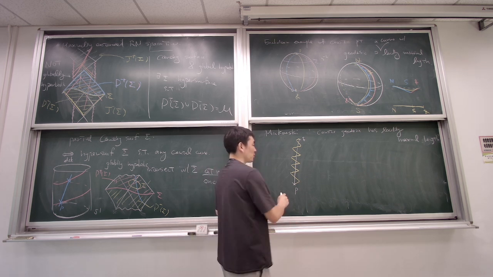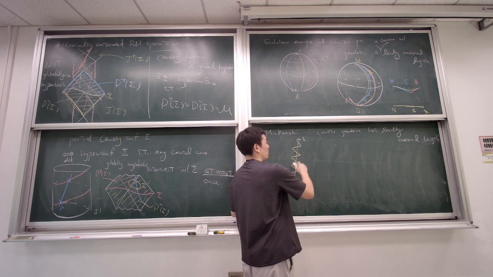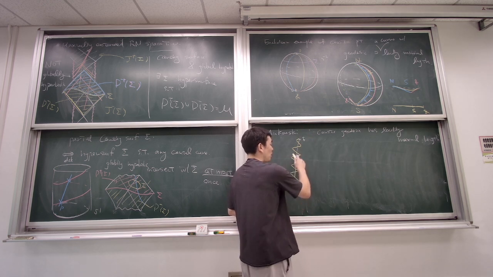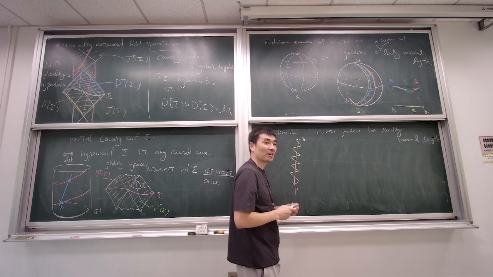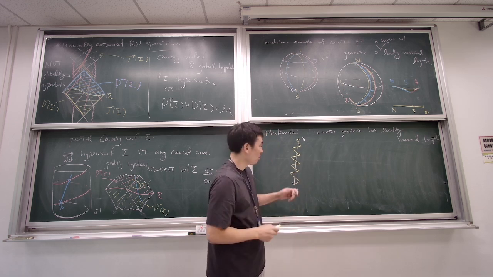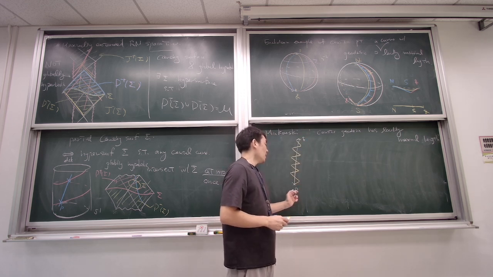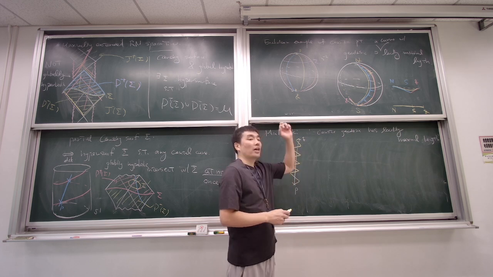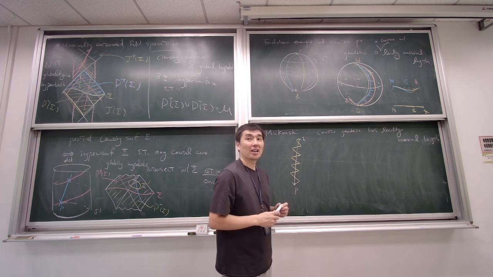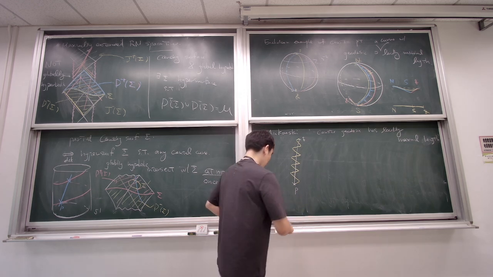So if you approximate this time-like geodesic by a null curve, this length is 0. The yellow one is length 0, whereas the white one has some length depending on the sign, whatever.